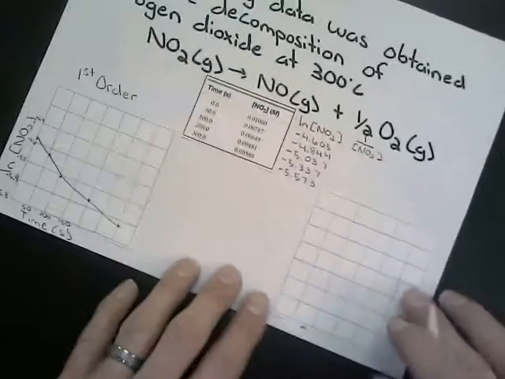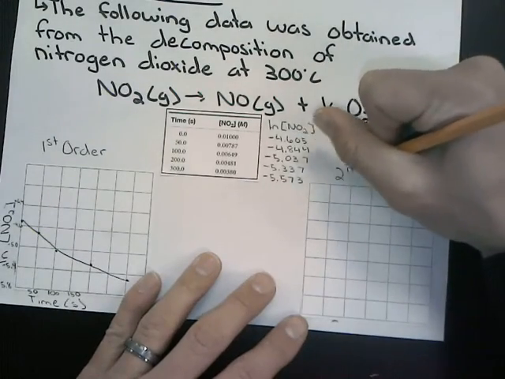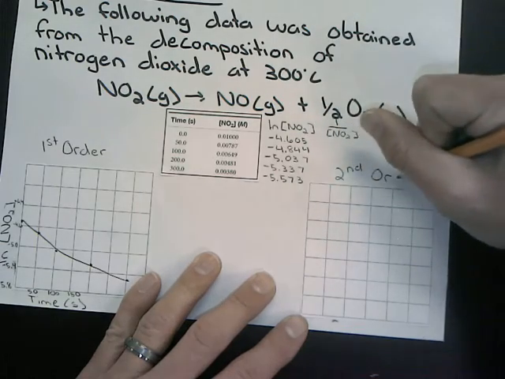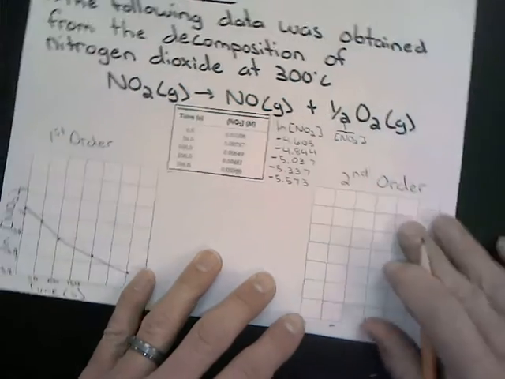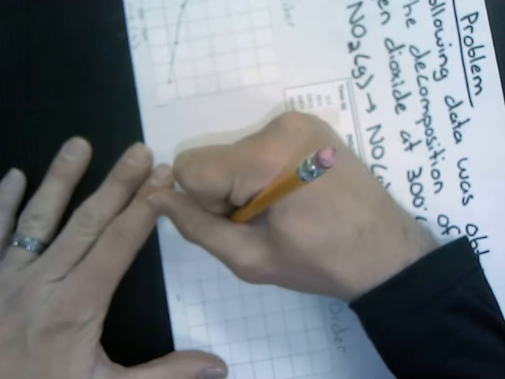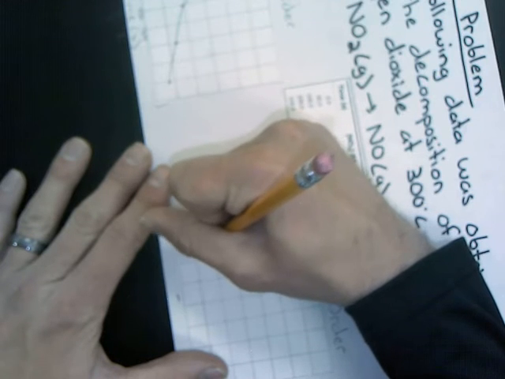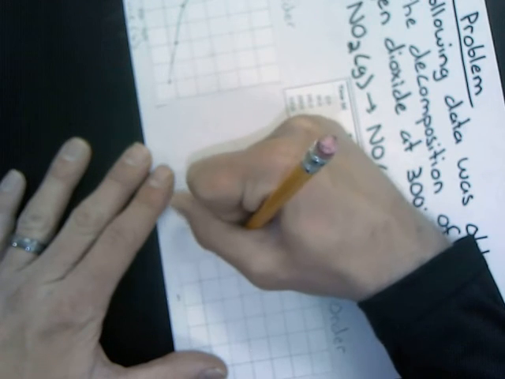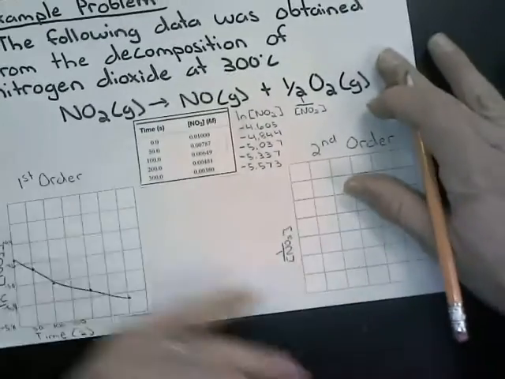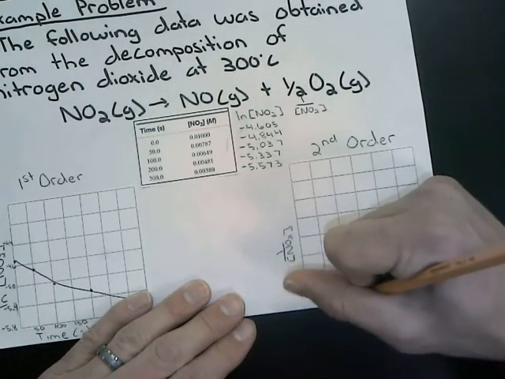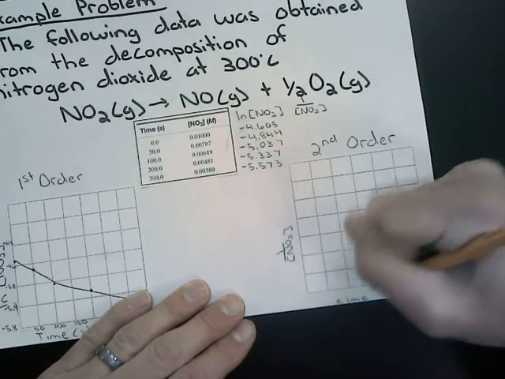So what we're going to do on this graph, and this is going to be our second order graph, is we're going to go through this process here. We're going to have 1 over the concentration of NO2 versus time. Okay?